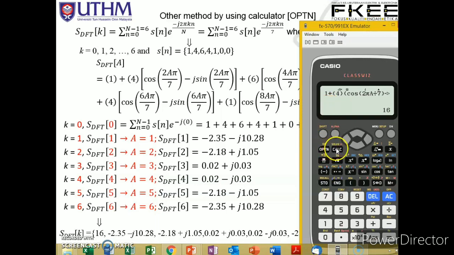Then choose the CALC button and use A equals 1, and the answer will be -2.35 minus j 10.28. And for example, we want to find k equals 5, calculate 5, and the value will be -2.18 minus j 1.05. Okay, that's all for the video.